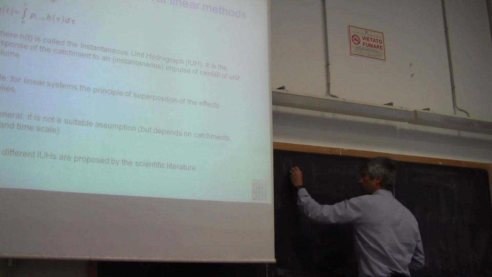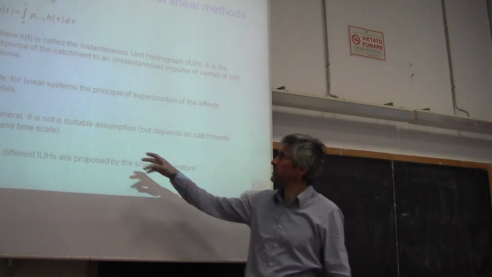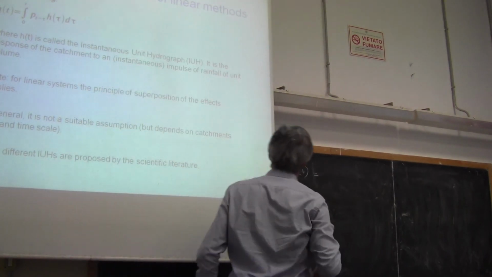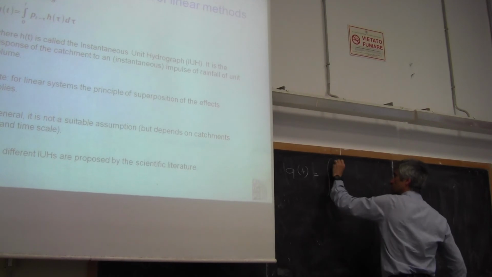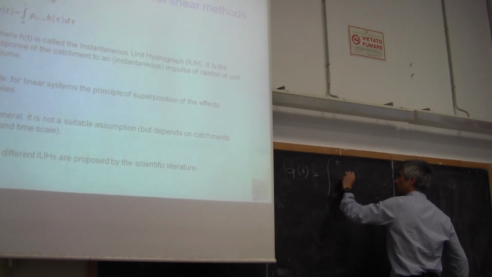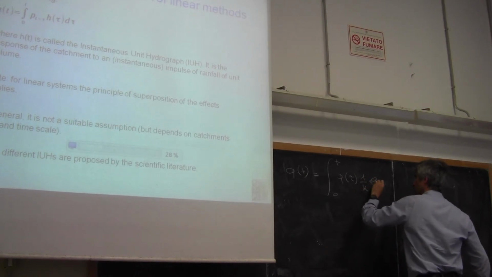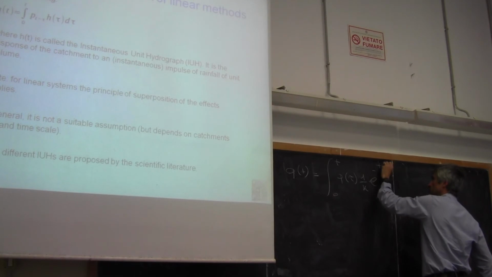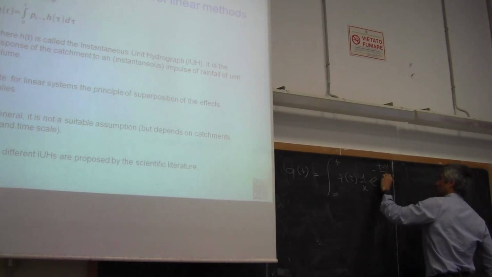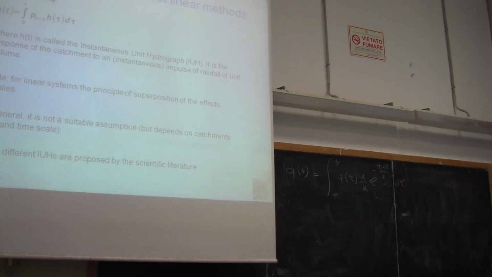Our formulation was, let's forget about the depletion term, the linear reservoir expressed as the integral between 0 and t of p(tau) 1 over k e to the power of minus (t minus tau) over k d tau. So this is our formulation of the linear reservoir.